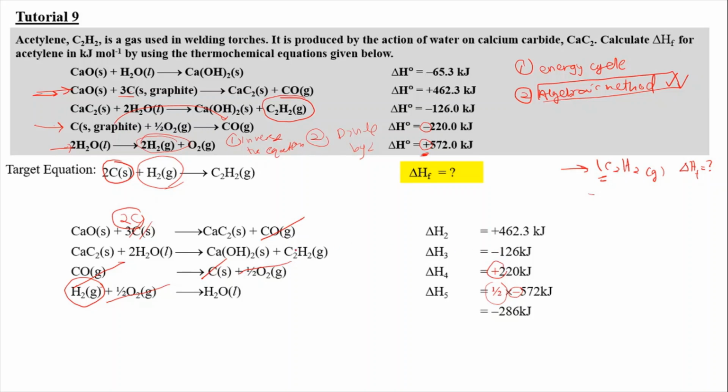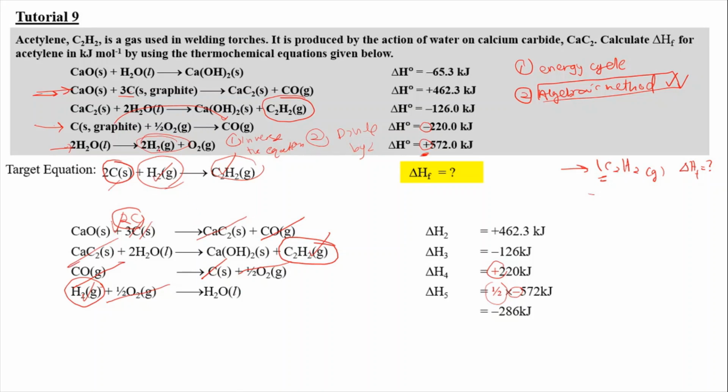It's still the same. So 2 carbon, 1 mole of hydrogen and C2H2 have been selected. I think we are on the right track. As you can see here, C2 can be cancelled out.